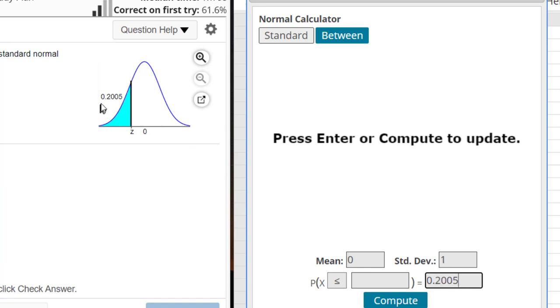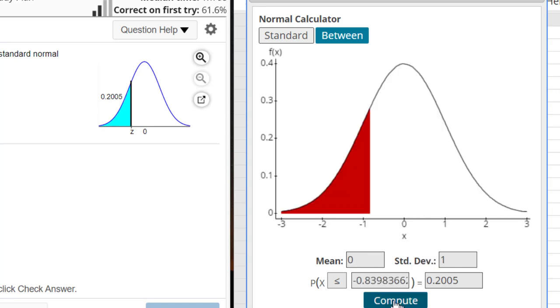They tell us the shaded area is 0.2005. Now, what you'll do is leave the x less than part blank. When you hit compute, it'll give you what that x will have to be.